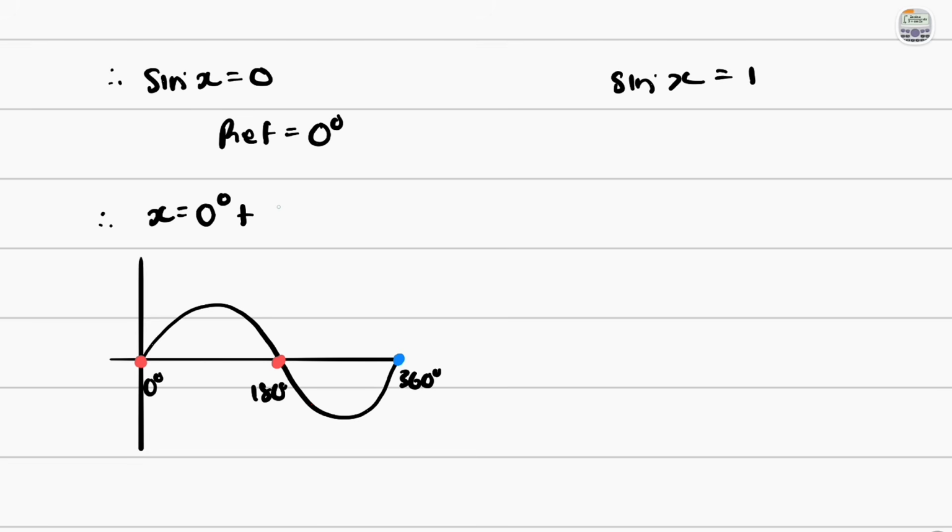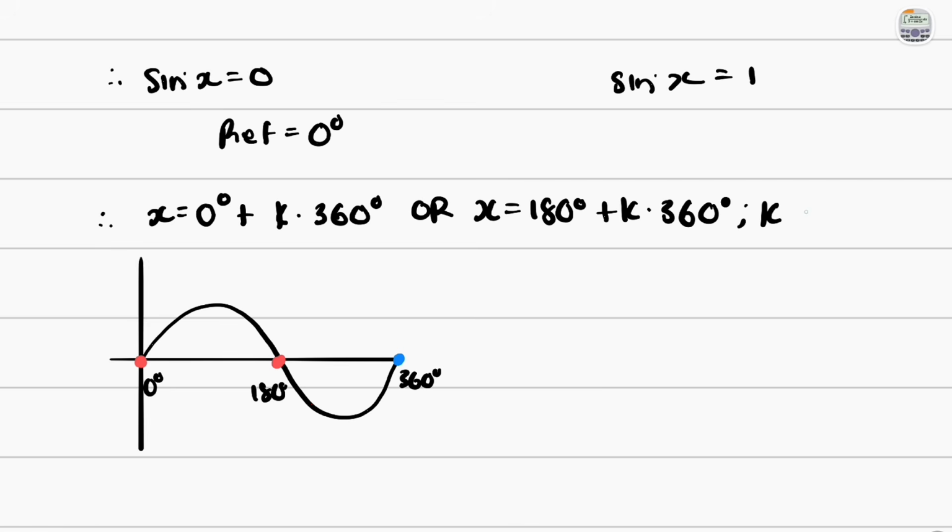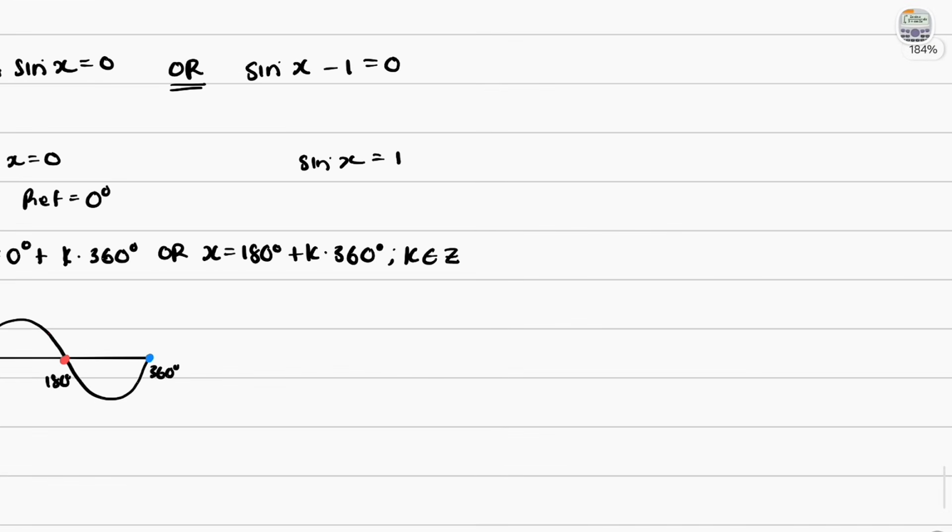So 0 degrees plus k times 360 degrees, or the second solution we saw here was at 180 degrees. So we'll say x is equal to 180 degrees plus k times 360 degrees. And this is where k is an element of the integers. And then the next one we're solving for is this part.